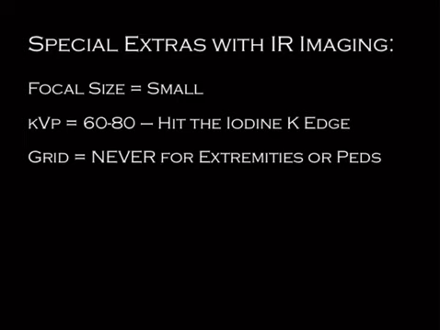So for a body part or body that is less than 10 centimeters, for example, a baby, the grid should not be used. Because remember, the grid increases dose because you've got that Bucky factor and those kinds of things. You're blocking X-rays, so there's going to be less, so you have to turn up the juice to make a good image. So if you're having less scatter, you don't need a grid. Don't use a grid for peds. Don't use a grid for extremities.